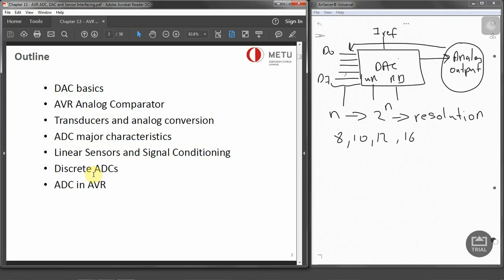When we consider an 8-bit digital to analog converter, in this case we are talking about 256 discrete voltage or current levels.